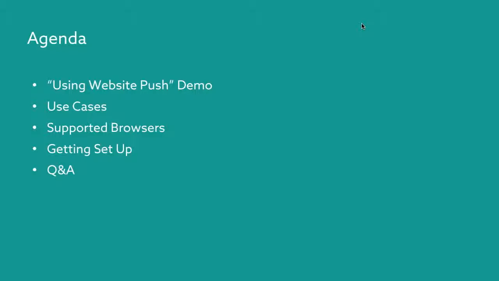We're also going to go over what the experience is like logging in the Notificare dashboard and setting up a desktop notification campaign. We're going to go over some use cases. We're going to talk about supported browsers and also how to get set up so that you can start using this new feature. At the end, we're going to have some time for any questions that you might have.